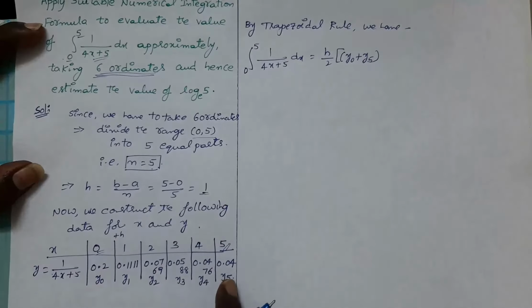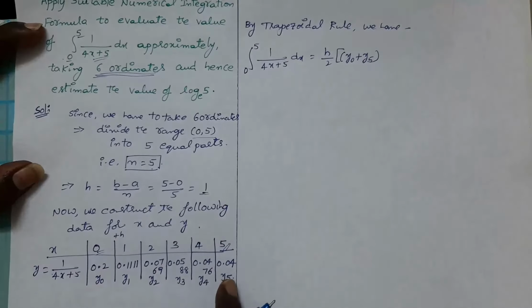Now we have to find the value of log 5 to the base e. Now take the actual value. Actual value is nothing but the original value of the given definite integral by the analytic method, which is the direct method. Integral 0 to 5 of 1 by 4x plus 5 dx. What is the integration of 1 by ax plus b? The integration of 1 by ax plus b dx is equal to 1 by a log of ax plus b to the base e.